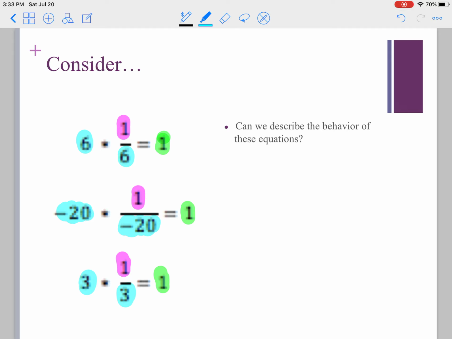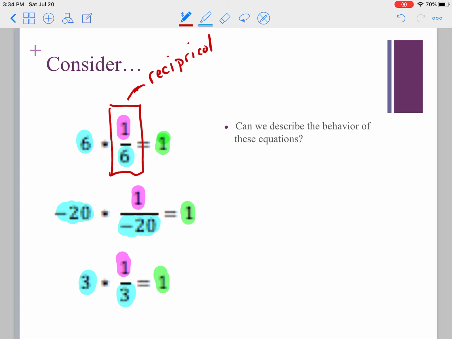And so what we call this number, that is the fraction in this case, we call a reciprocal. Okay? So this is the reciprocal of 6.